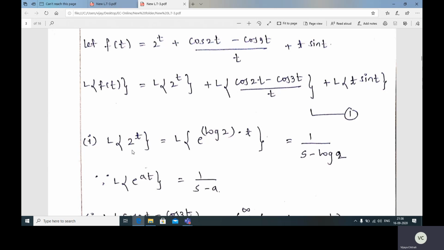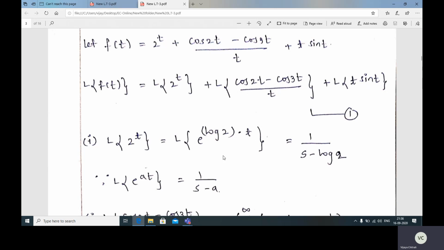So we have a standard result: a raised to x, we can write this as e raised to log a into x. In the same way, 2 raised to t as e raised to log 2 into t. So we want Laplace transform of 2 raised to t. We can write this in terms of exponential, e raised to log 2 into t.